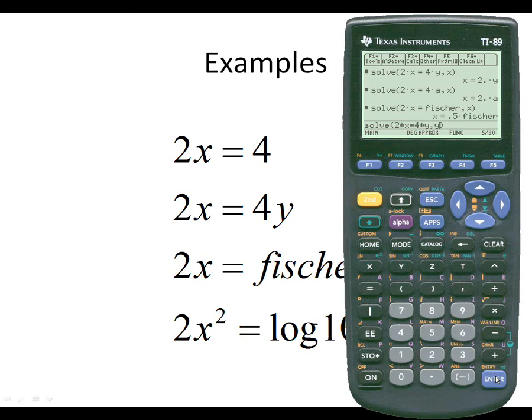So I put a y here, and it's going to tell me that y equals 0.5 times whatever x is, and that makes perfect sense. That's the solution here. If x equals 2, then pretty clearly y is going to equal 1. And we've already seen that's true. So you can type in whatever equation you want, and you can solve for any variable in that equation. So it's very simple. Let's continue.